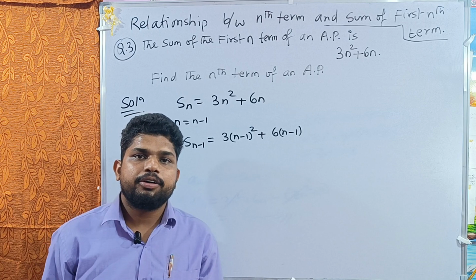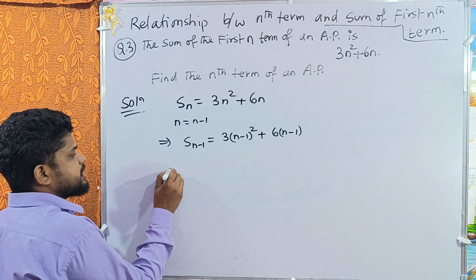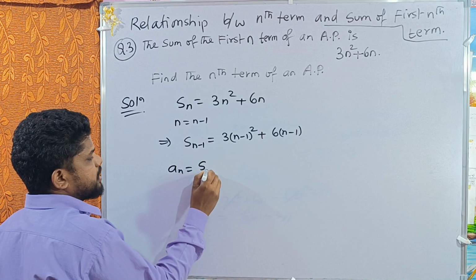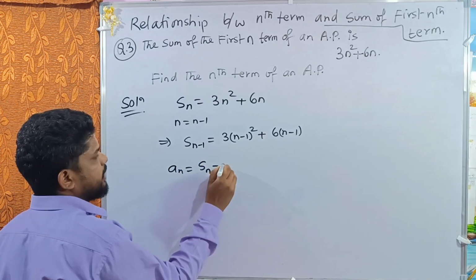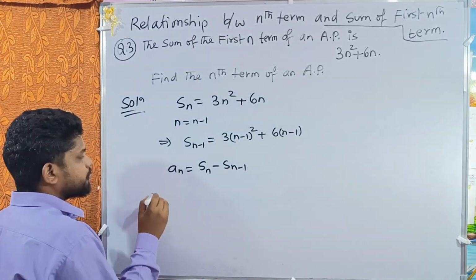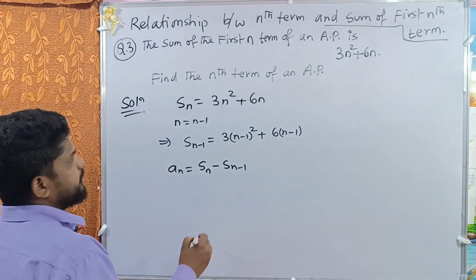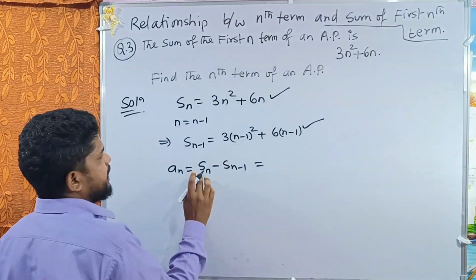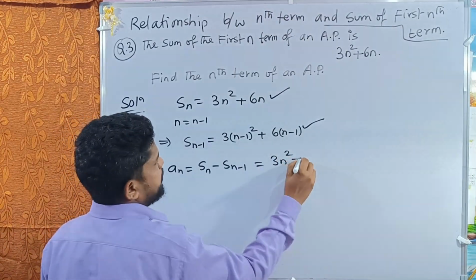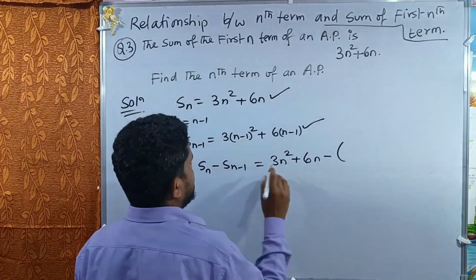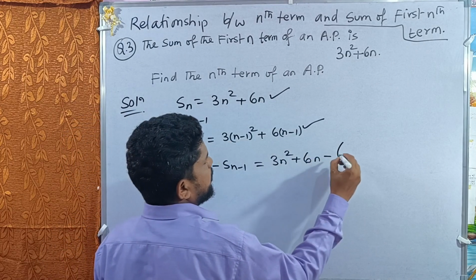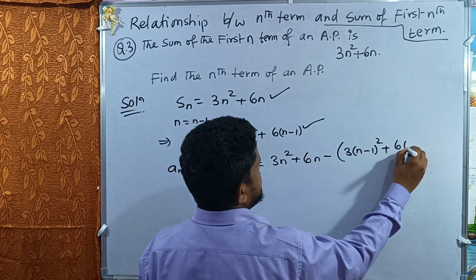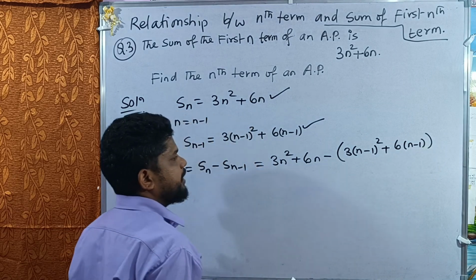I just taught you that the relationship between the nth term and the sum is an = Sn − Sn−1. Now substituting the values of Sn and Sn−1 in this formula, we get an = 3n² + 6n − [3(n − 1)² + 6(n − 1)].